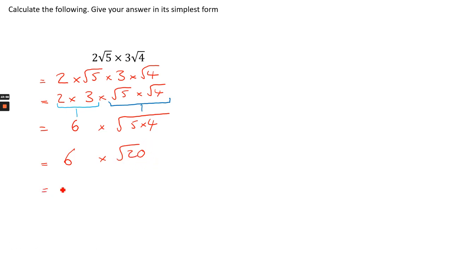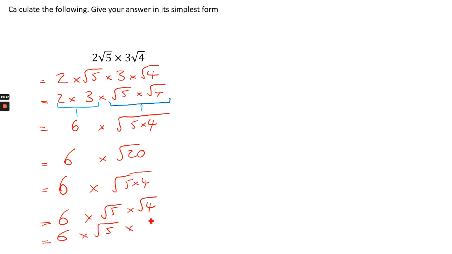Okay, so I'm going to say 6 times by root 5 times by root 4 gives me 6 times the square root of 5 times by 2, and again I can multiply my whole numbers to give me 12 root 5.